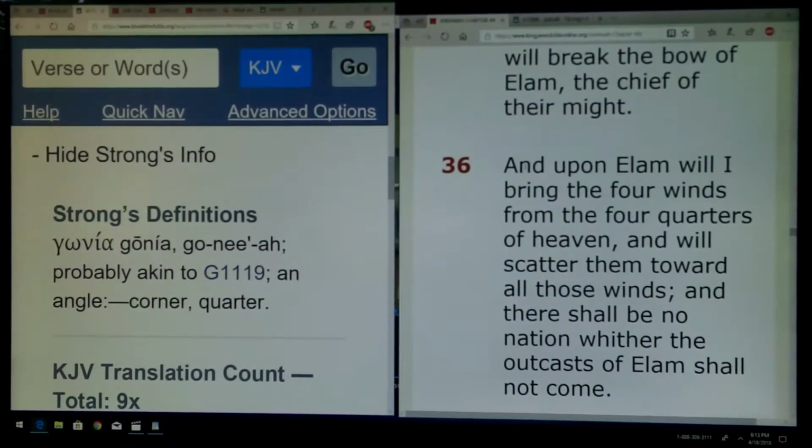So, upon Elam will I bring the four winds from the four quarters. That's from the four quarters. The furthest part. The termination. So it's the end. Okay?